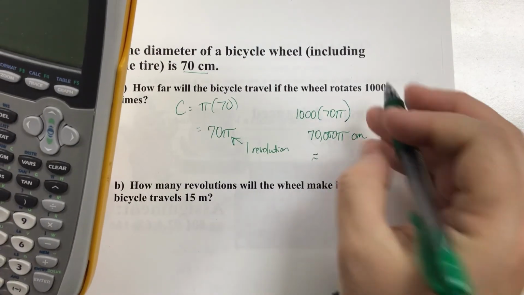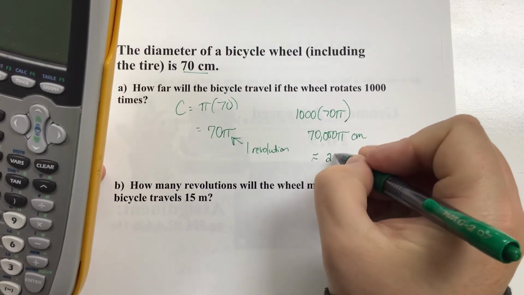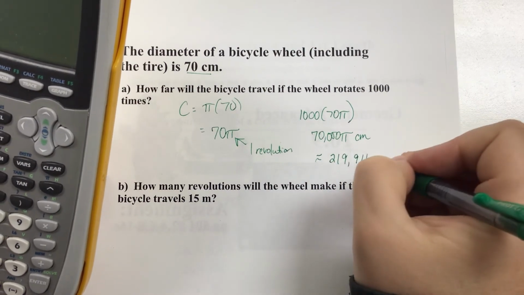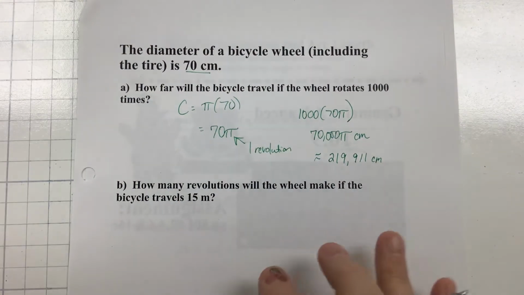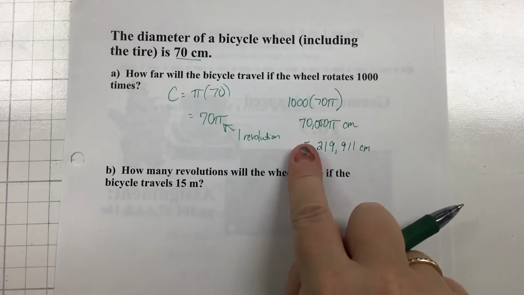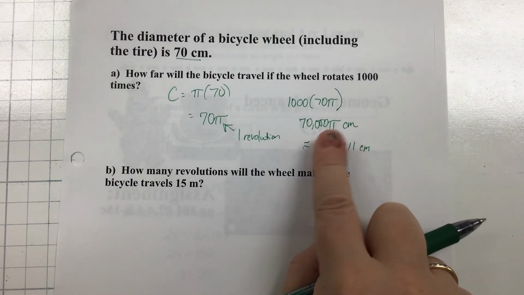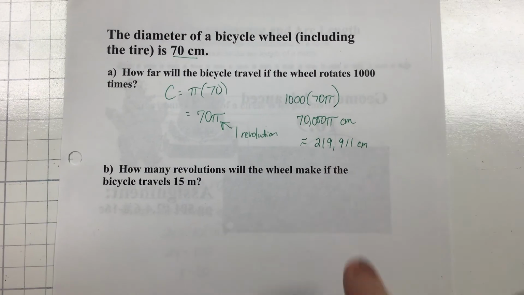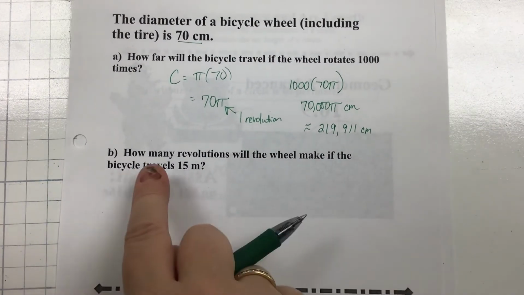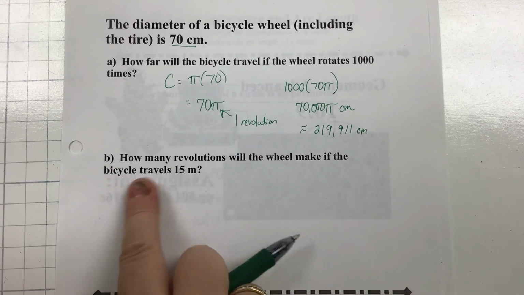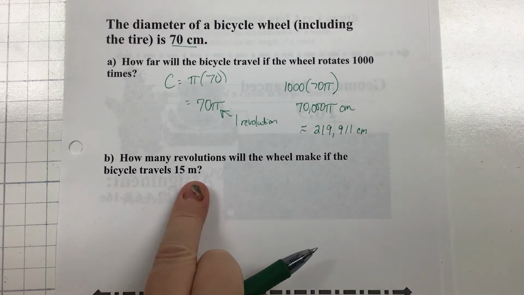So an approximated answer would be 219,911. So depending on what the directions say, the 70,000 pi would be your exact answer in centimeters, or 219,911 centimeters.